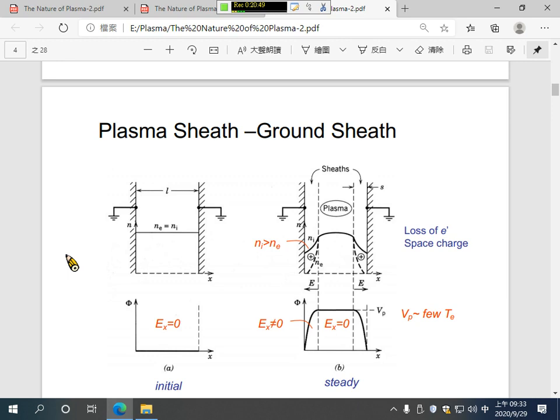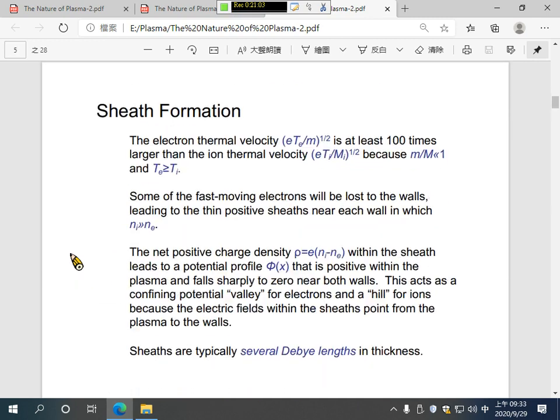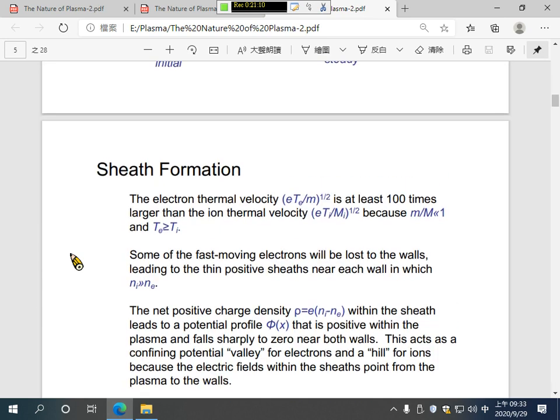So inside the plasma, the ions and electrons can travel freely, right? But the velocity of ions and the velocity of electrons can be estimated. Okay.